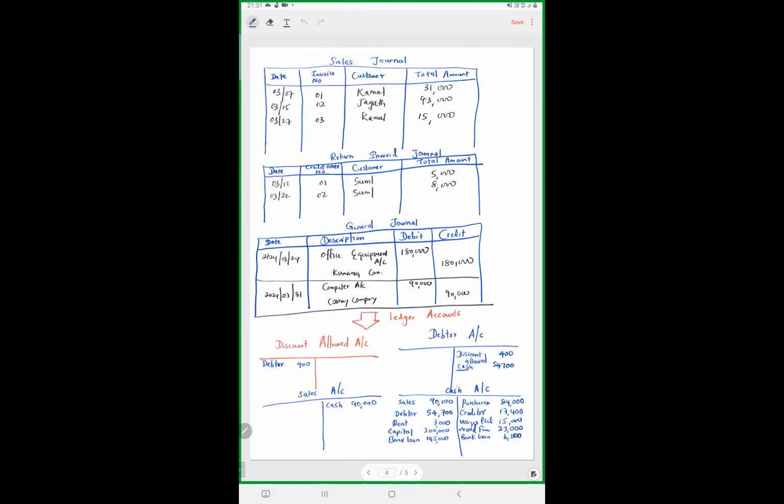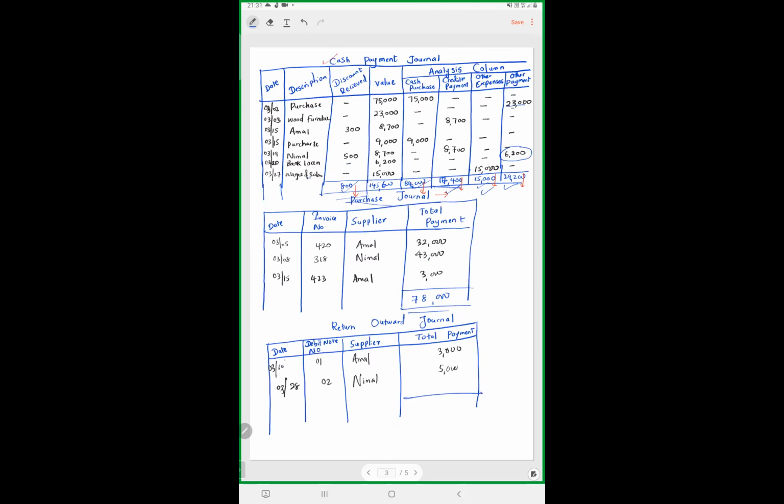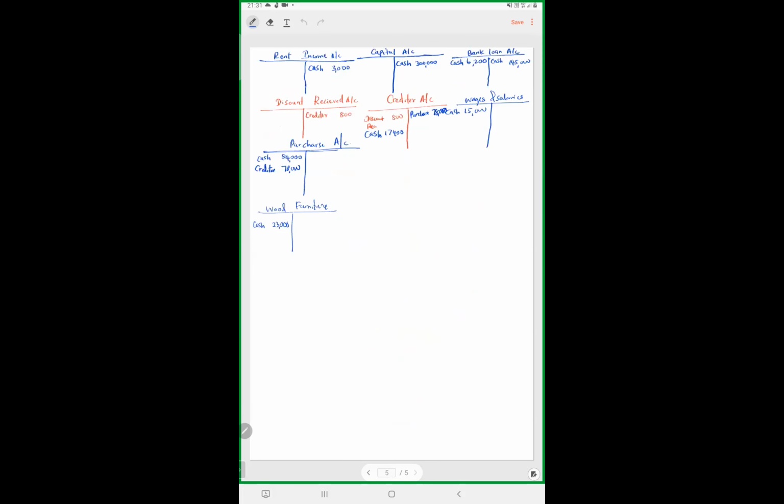And next, return outwards 8,000. So how do we record it? We need to create return outwards account. Right. So we are deducting it from the creditors.